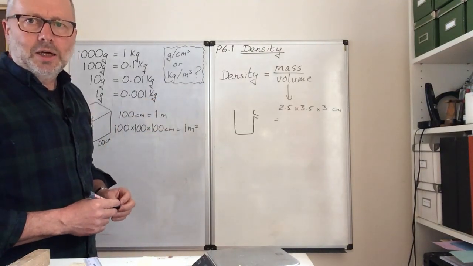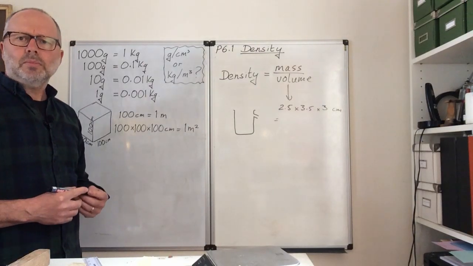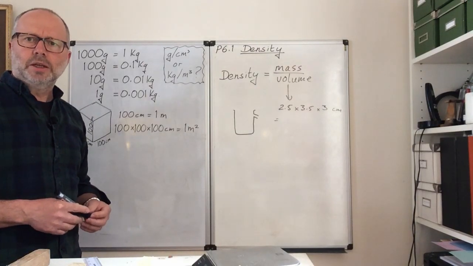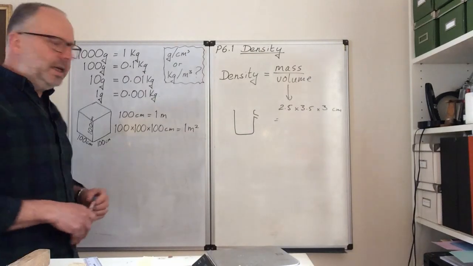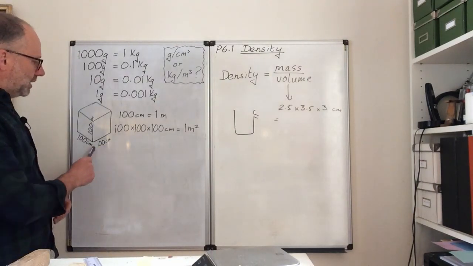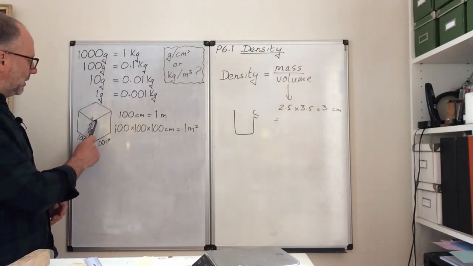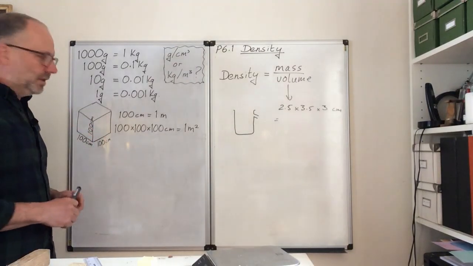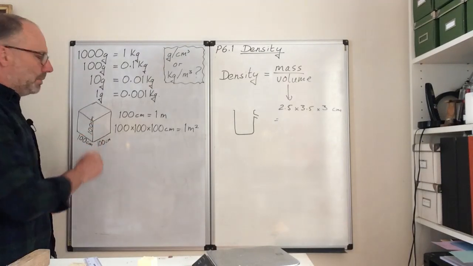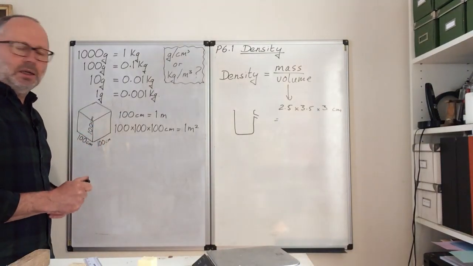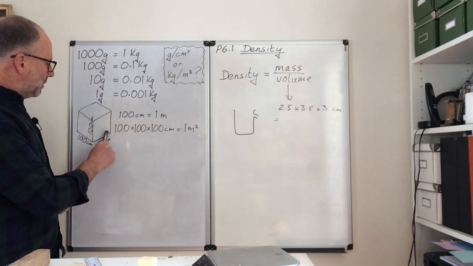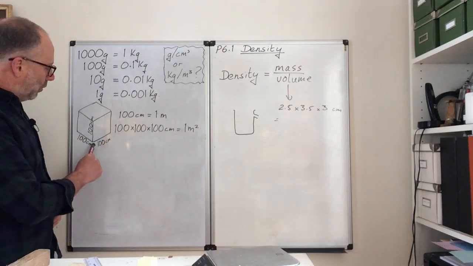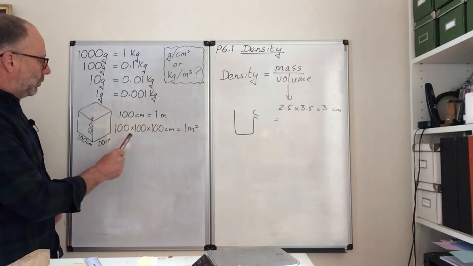Now we all know that there's 100 centimeters in a meter, but how many cubic centimeters are there in a cubic meter? Now here's a cubic meter. It's got 100 centimeters along the bottom, 100 centimeters up the side, and 100 centimeters the depth of the thing. So that is 1 meter by 1 meter by 1 meter. So that's 1 cubic meter. But if you were to measure the volume of this in centimeters, you've got 100 by 100 by 100.